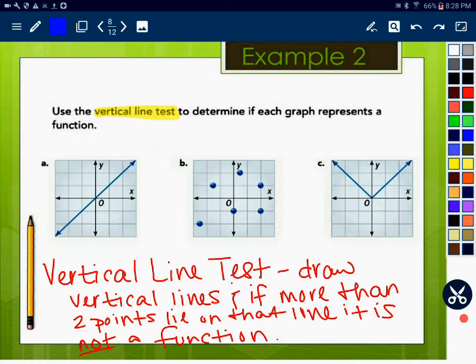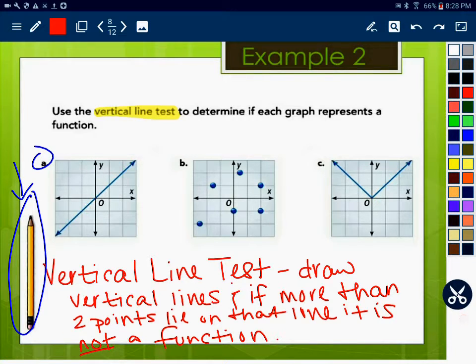And I do have a picture of a pencil down here. You can just take a straight edge or a pencil, line it up vertically like this picture, and just run it from left to right across your graph to see if any 2 or more points intersect that pencil at one time. So if I were to run my pencil across letter A, at no point would the blue line ever cross the vertical line more than once.